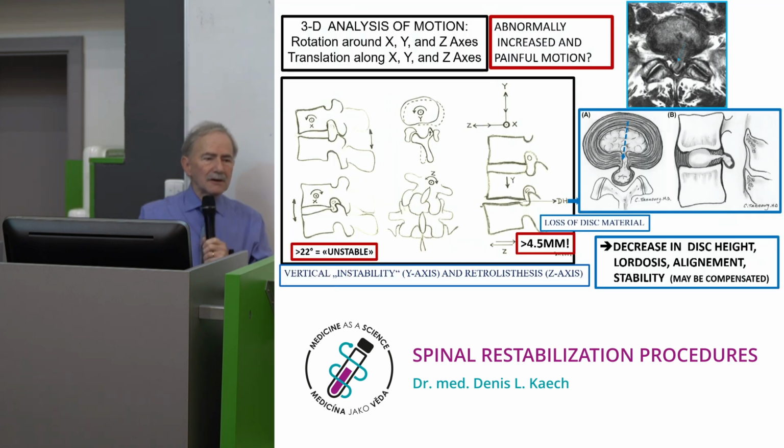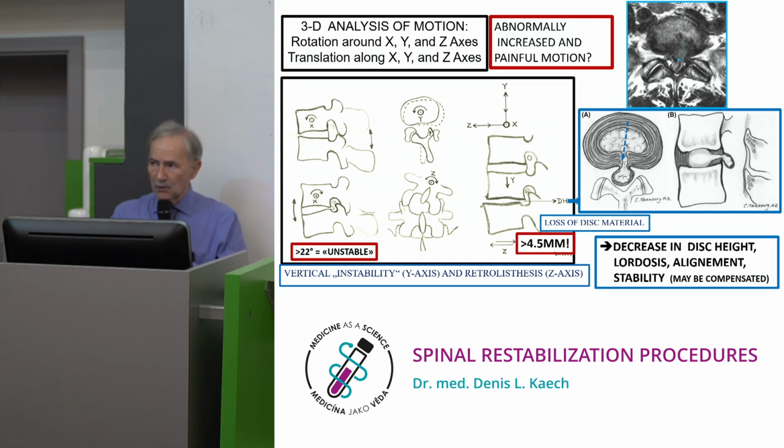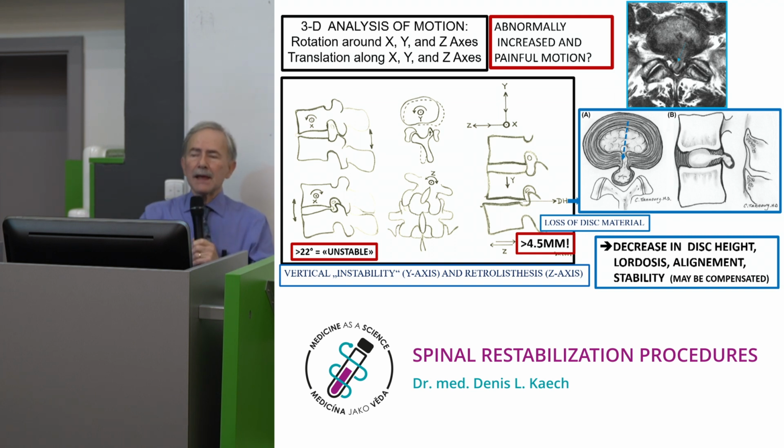Now, speaking about instability, you want to detect increased abnormal motion, and you are going to assess on motion X-rays along an axis and around an axis. So you see vertically, y-axis, when you have a large disc herniation, you lose a lot of disc material.